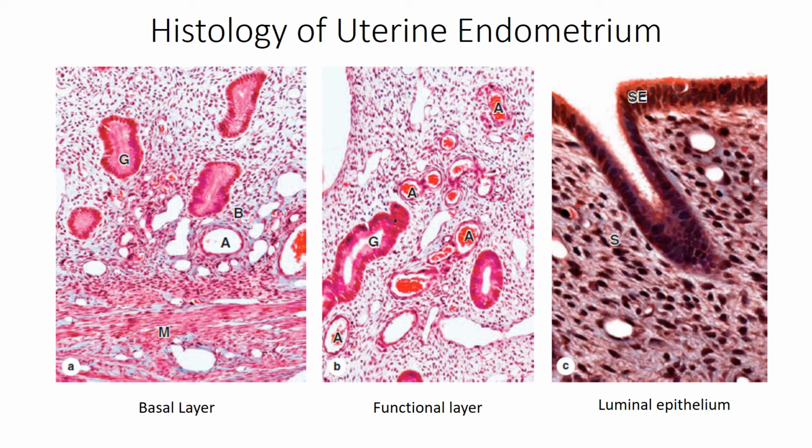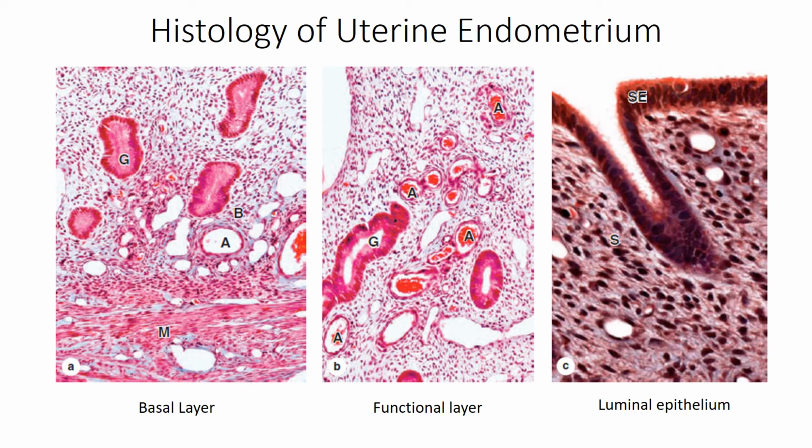You can see here the portion of the gland. This is the lining epithelium, and this part is less cellular. There is more matrix, but the fibroblastic cells are fewer in number.